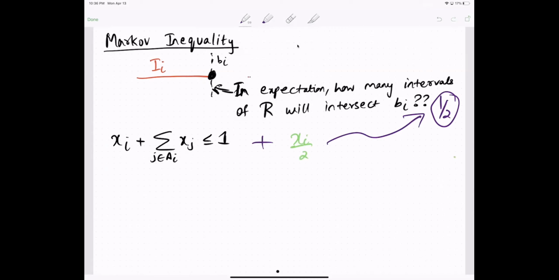And we're sampling everyone with probability xi over 2. So informally, what we are saying is that at BI, the number of intervals we expect to see is half, right? Let's make it more formal.